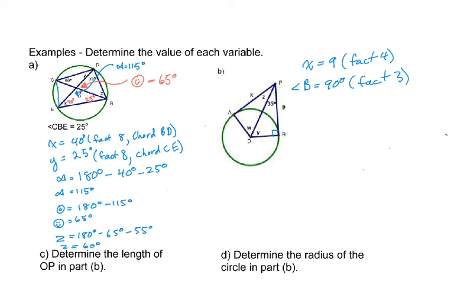That means angle y is equal to 180 minus 90 minus 35 degrees, which equals 55 degrees. So angle y is 55 degrees.